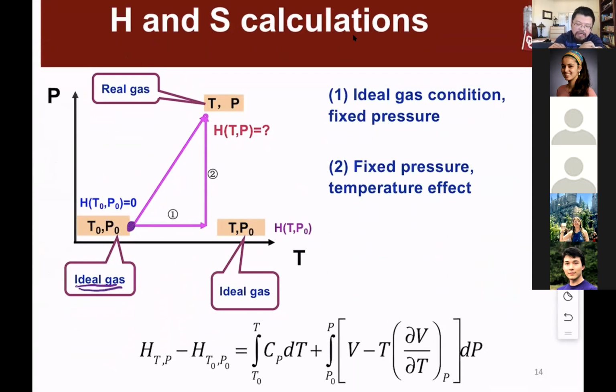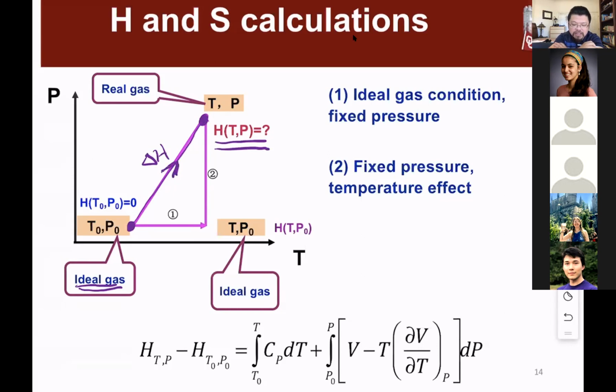That is the ideal gas, and that is the final real gas. And that would be the question we are hoping to answer: what would be the exact enthalpy at this temperature and pressure condition? So using the previous slides, we are able to calculate this delta H, right? Moving from the initial to the final.